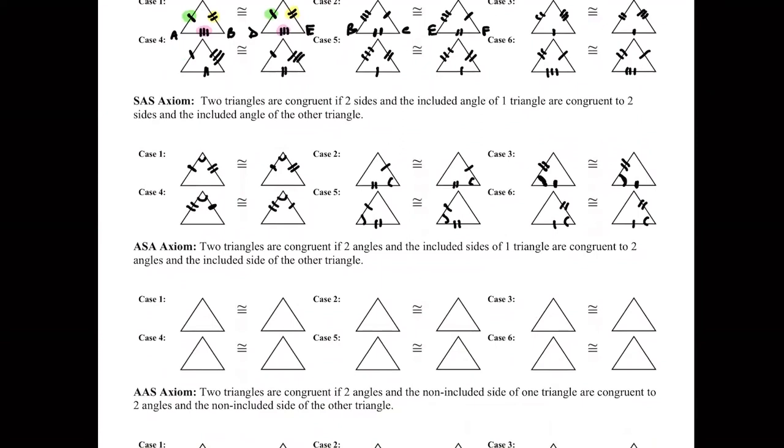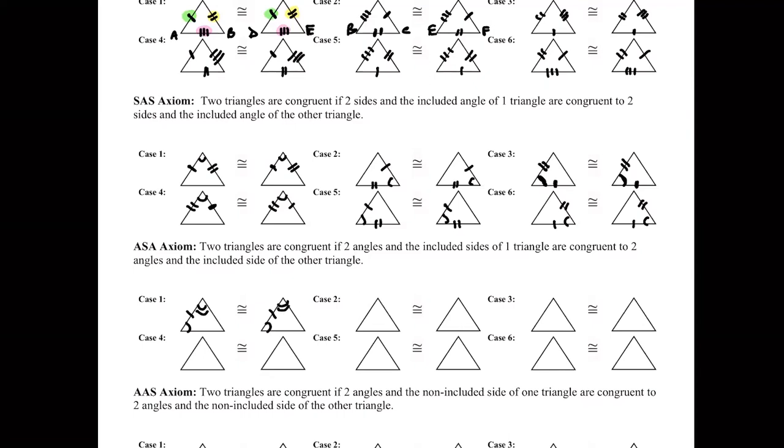ASA axiom. Two triangles are congruent if two angles and the included side are congruent to the corresponding parts of the other triangle, right? So basically, same idea as the SAS, just two angles instead of two sides, right? So that would be an example like this pair of corresponding congruent angles, this pair of corresponding congruent sides, and this pair of corresponding congruent angles.